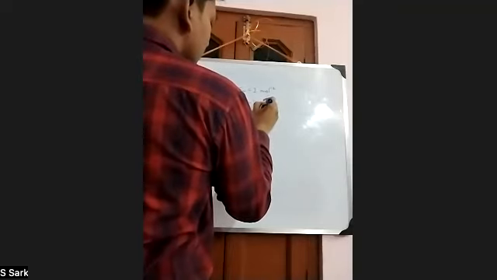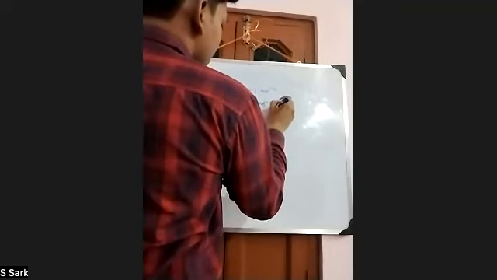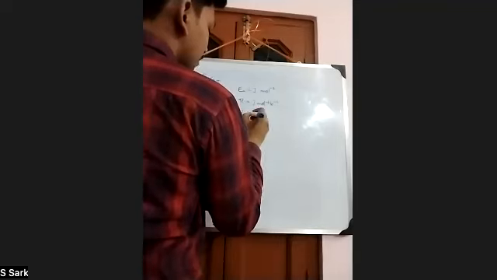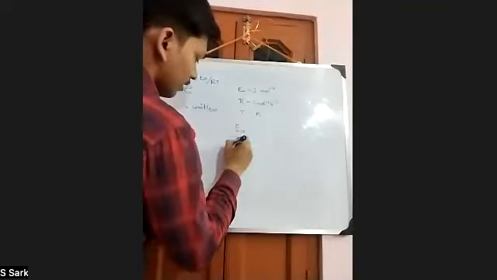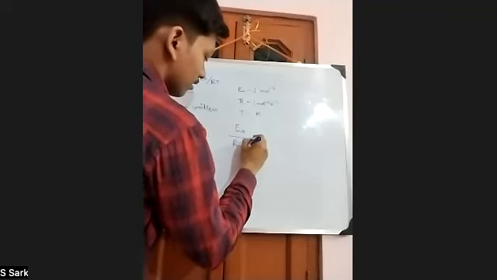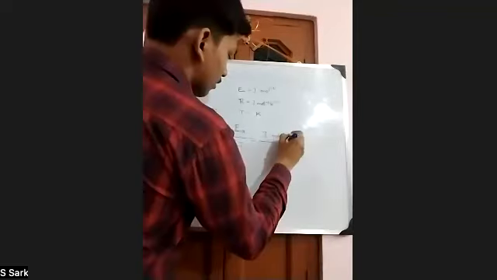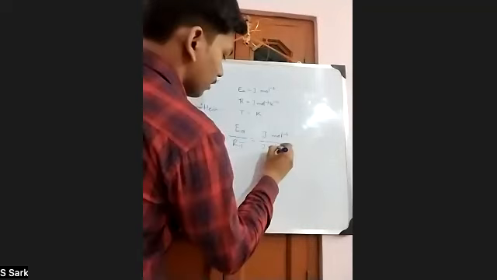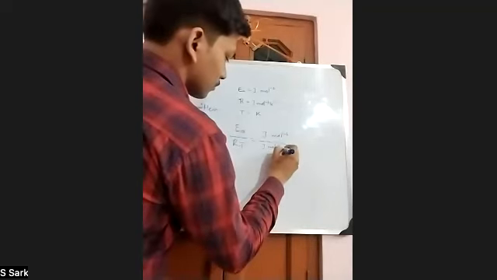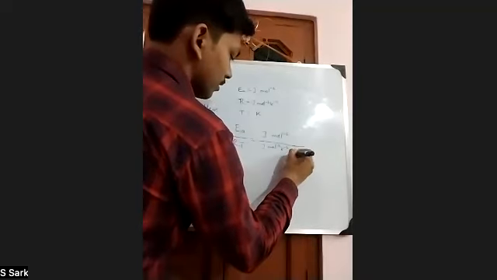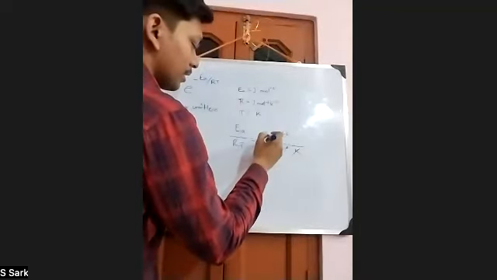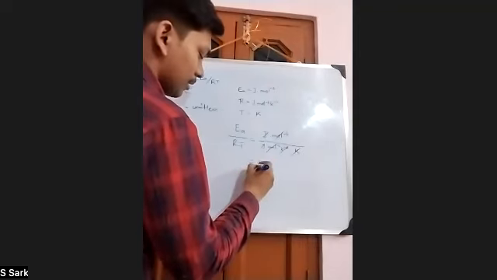So when we use EA by RT, joule per mole divided by joule per mole per Kelvin into Kelvin, everything cancels and it becomes 1. This is why the e to the power minus EA by RT part is unitless.